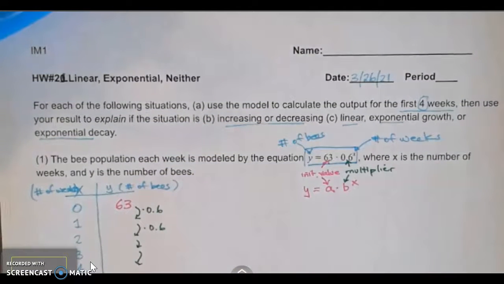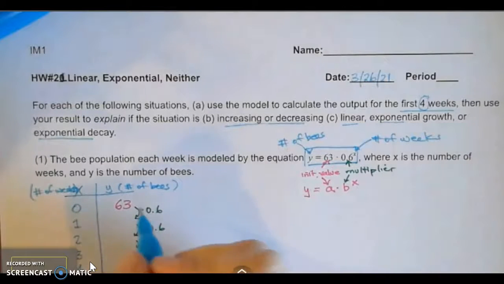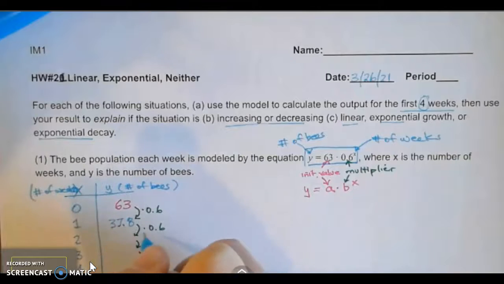So if we use the calculator, what we should get after multiplying 63 by 0.6 is 37.8. And if I multiply that number by 0.6 again, I would get 22.7. So that's week 2.